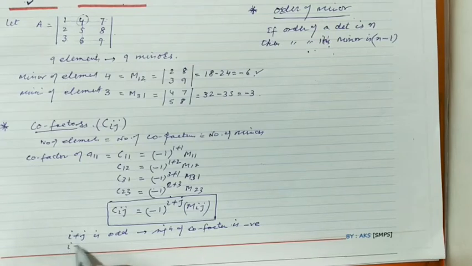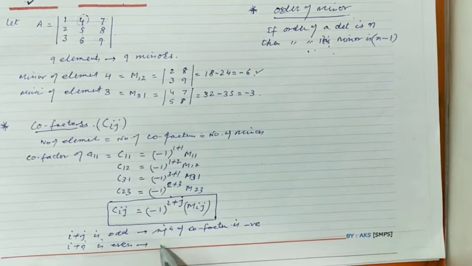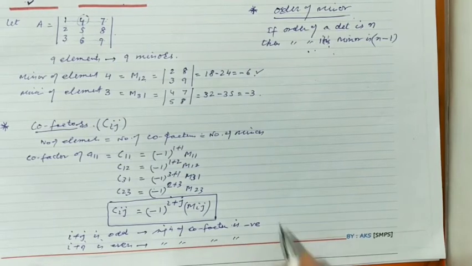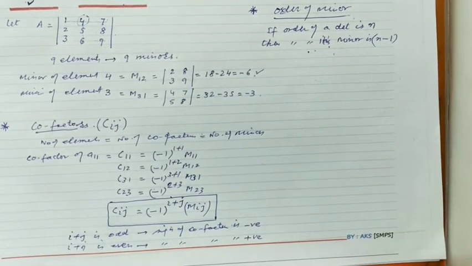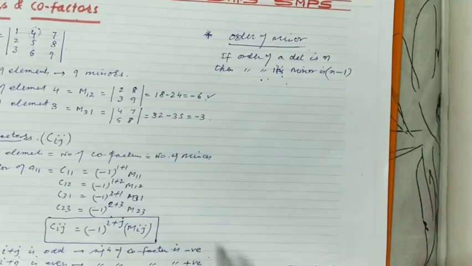If i plus j is even, then the sign of the cofactor is positive. I will explain how with the help of an example.